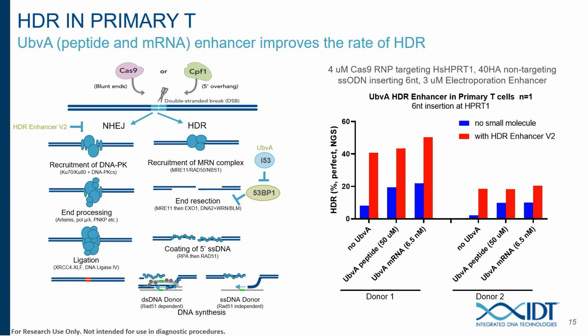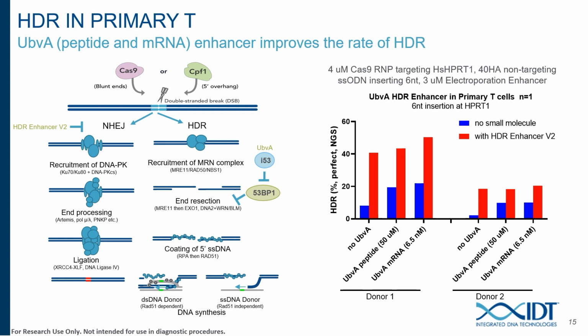We also have in development an alternative mRNA or peptide-based enhancer that we're calling UBVA, and that inhibits an inhibitor of the HDR pathway, so it increases the rate of HDR without interfering with NHEJ. And this is a water-soluble reagent that's delivered to the cells along with the CRISPR HDR reagent, so at the time of transfection in the electroporation reaction, and that just makes it more inert to the cells as they recover and repair after transfection.